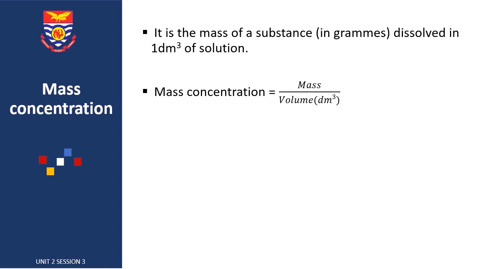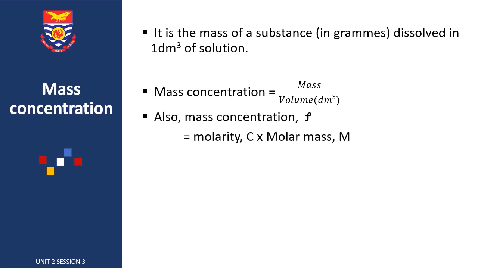Take note of this volume. This volume is in cubic decimeters. If we leave it in cubic centimeters, then we are talking of density. So if we want the mass concentration, then we want the volume in cubic decimeters. Mass concentration is usually represented with the symbol rho.